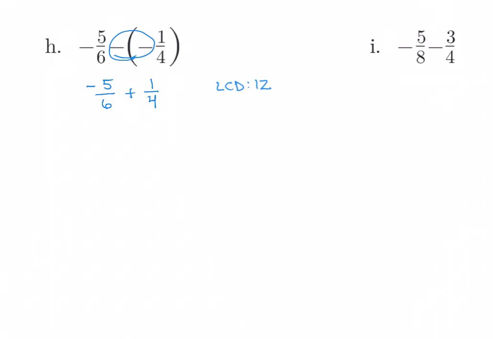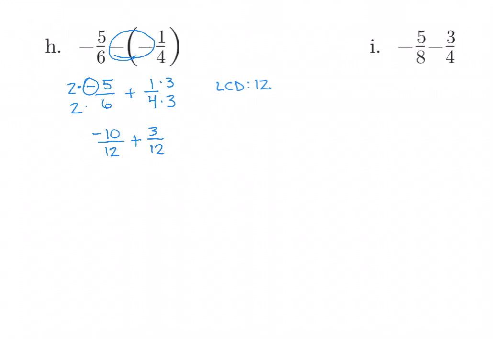So the first fraction, let's go ahead and multiply by 2. Remember to keep your negative. So we get negative 10 over 12 plus second fraction. To get from 4 to 12, we multiply by 3. So we get 3 over 12.